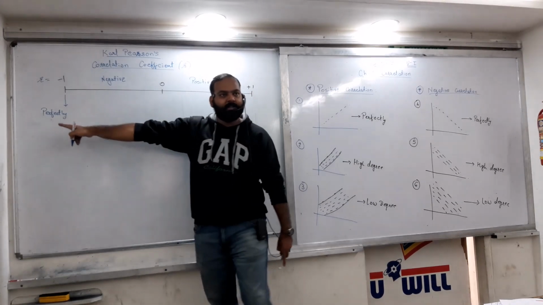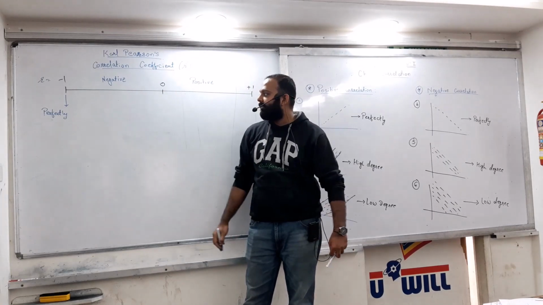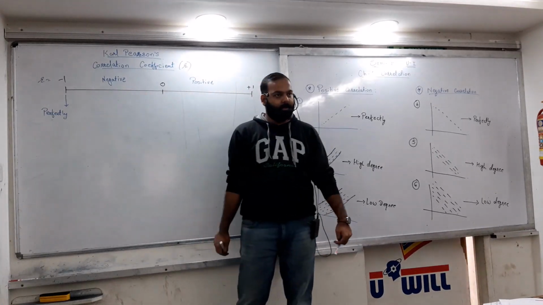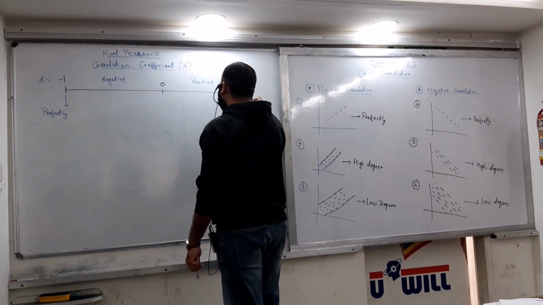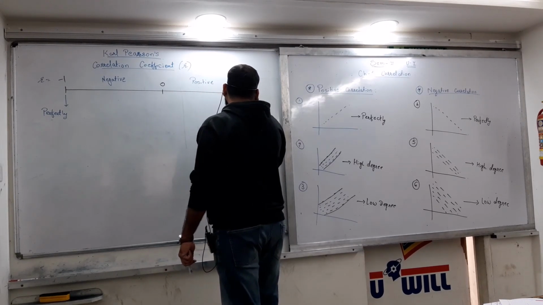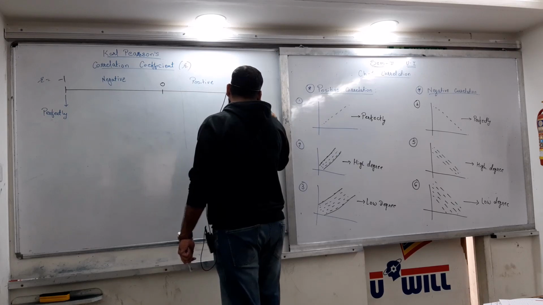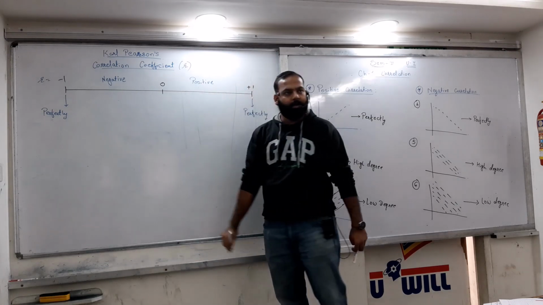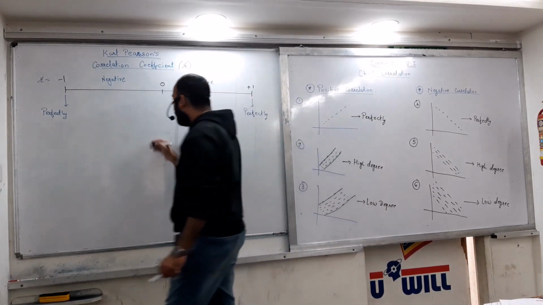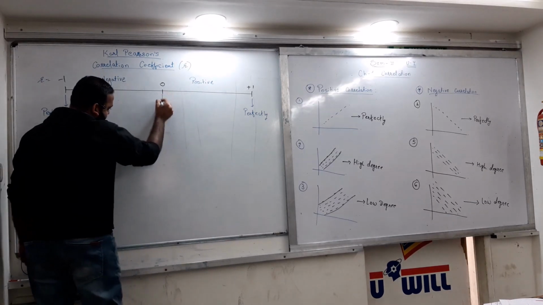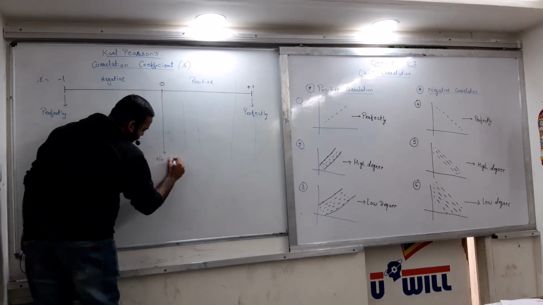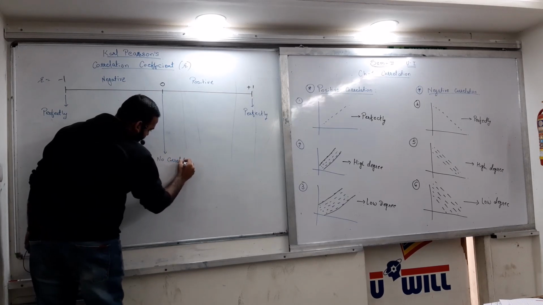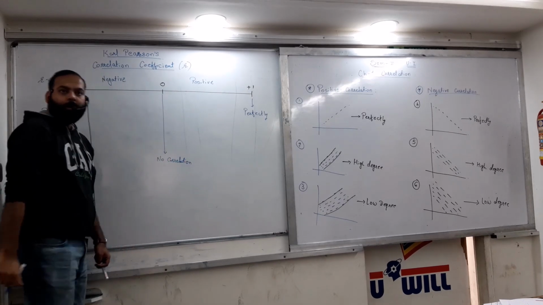So when correlation is -1, it is perfectly negatively correlated. When the answer of correlation is +1, it is perfectly positively correlated. And when the answer is 0, it has no correlation. Are you guys clear about this?